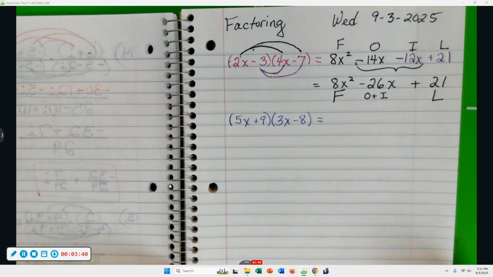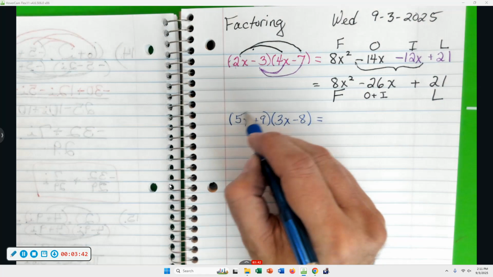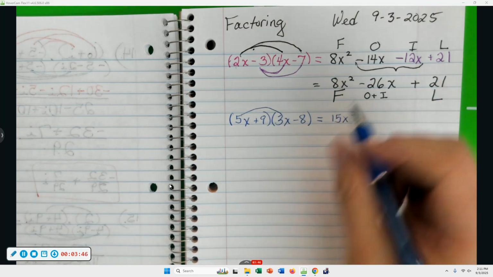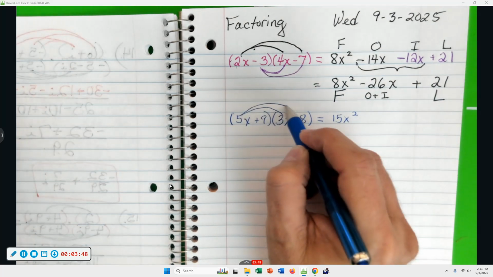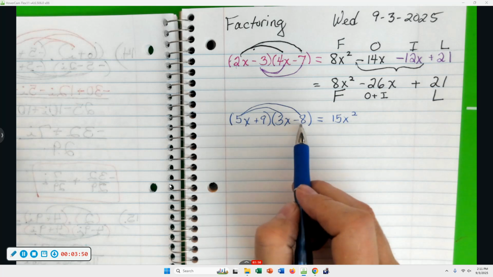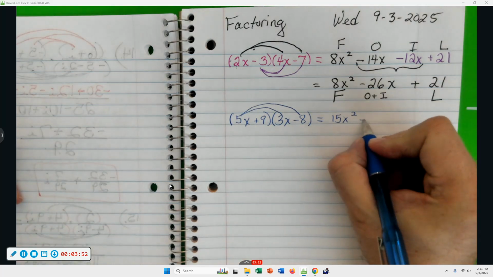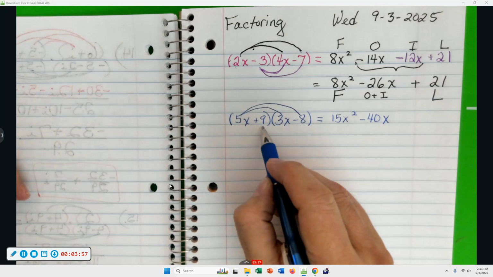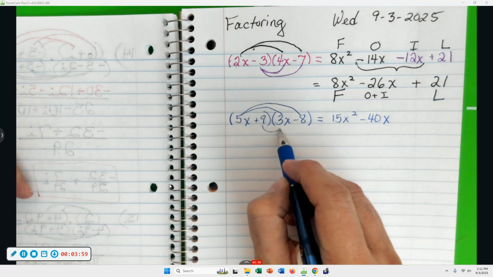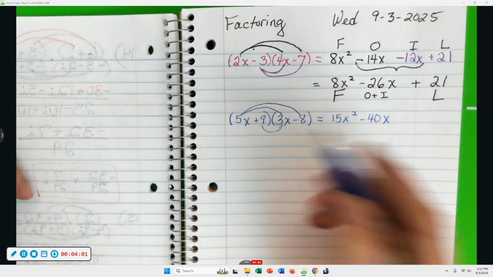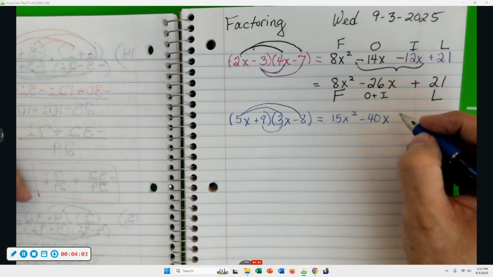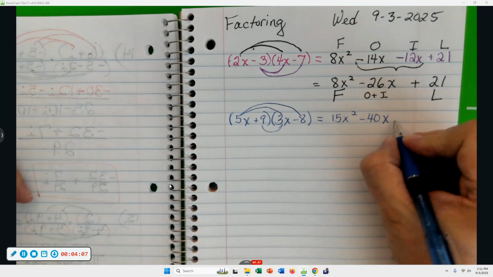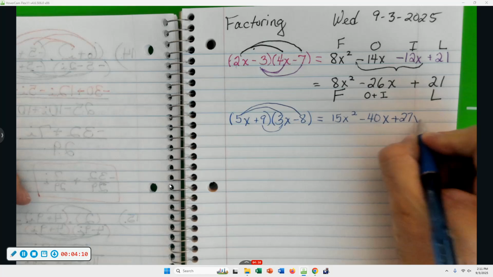If we FOIL that out, what are we going to get? 15x squared. And then 5x times a negative 8x is minus 40x. What's the inner product going to be? 9 times 3x is 27x.